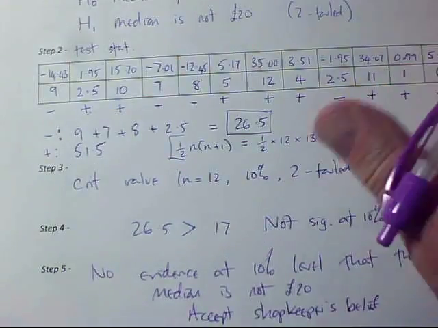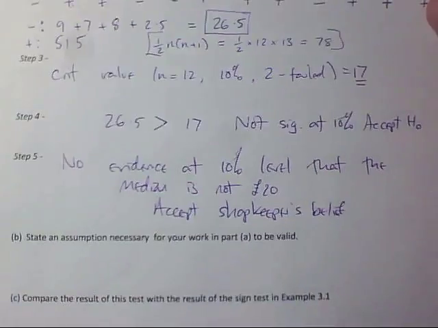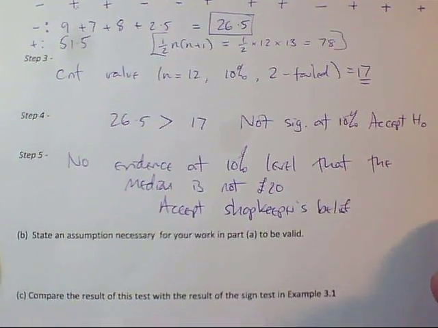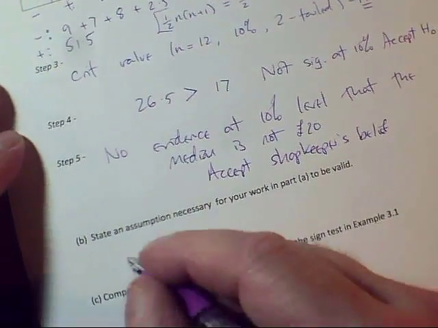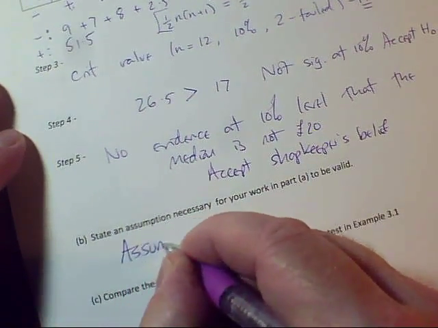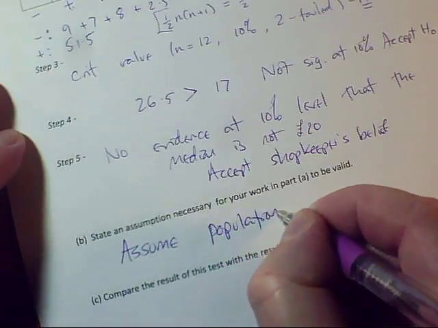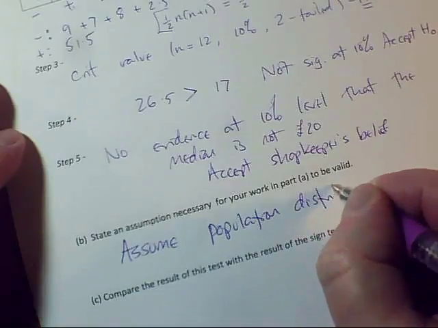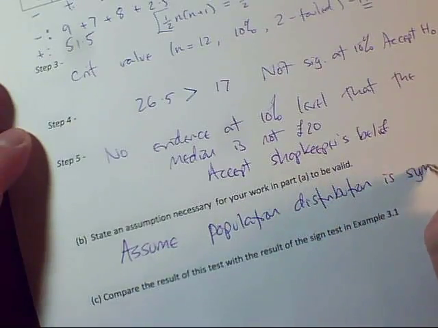Okay. I had to make an assumption. We always make an assumption with the Wilcoxon signed rank that the distribution is symmetrical. So we have to assume the population distribution is symmetrical.